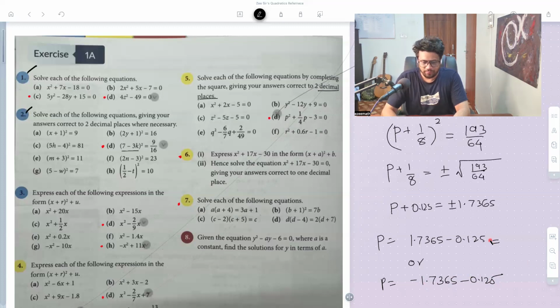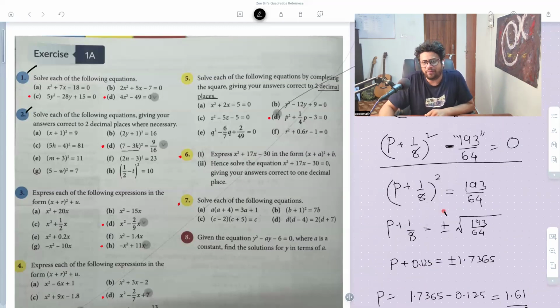Well, this would come out to be 1.61, and that is going to be a negative 1.86. Done. Those are your p values.